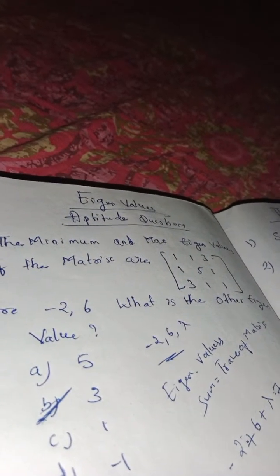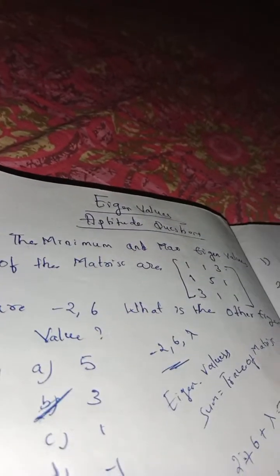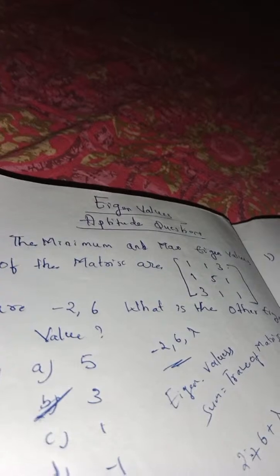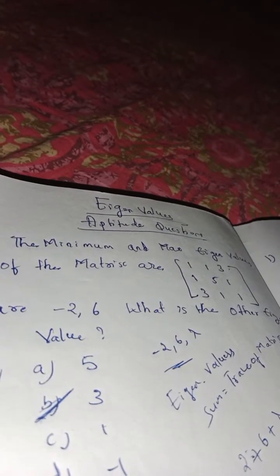So you will be getting these type of questions, but values will be different. So I'll be telling you some tricks to find the eigenvalue sums in the exams. So for finding the eigenvalue sums, we have to remember three properties. If you remember that, you can easily do the eigenvalue sums in the competitive examinations.